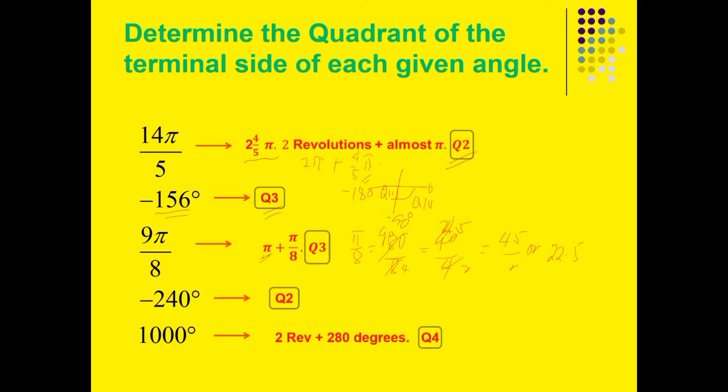The 22.5 must be added to pi, so it belongs to quadrant 3, between the two given parts.